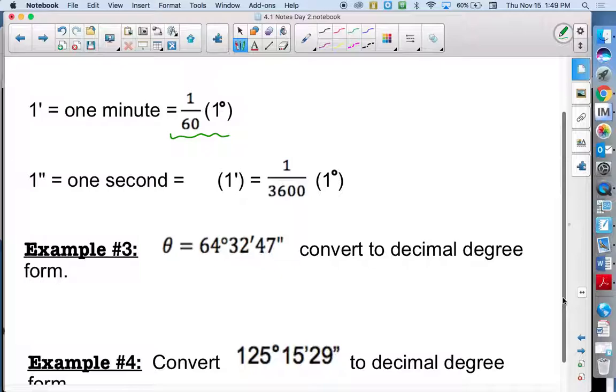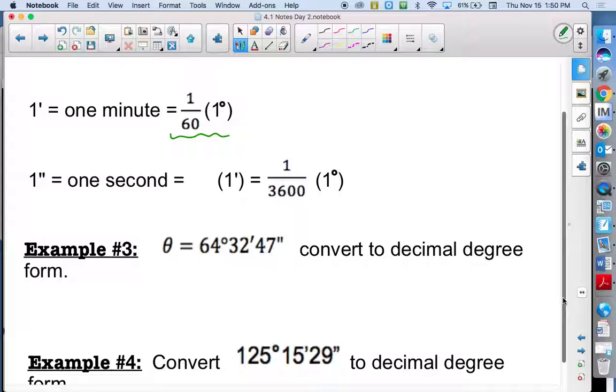If we're giving a location of a city, and you go on Google Maps, you might be able to find the location of a city with degrees, minutes, and seconds. But this is an exact location of where a city is. So it's 64 degrees, 32 minutes, and 47 seconds. Or it's an exact angle that an airplane needs to fly at. So a little less of a degree, a little more of a degree could make a big difference when we're talking about navigating somewhere.